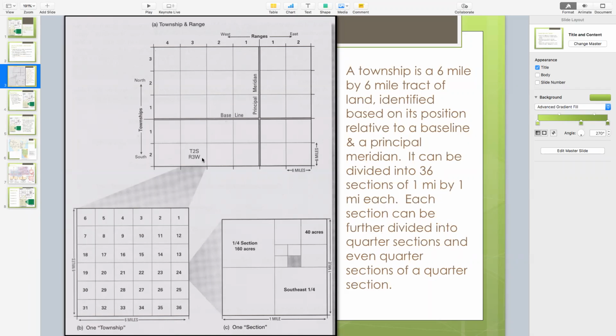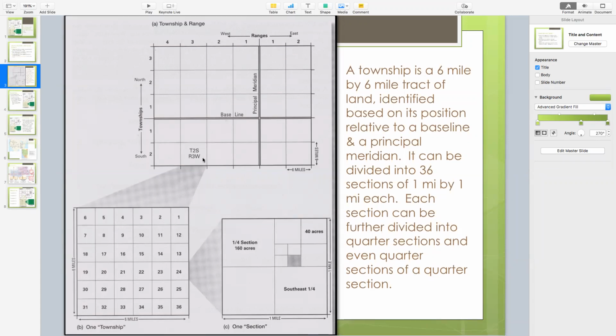This township, T2S R3W, can actually be further divided. If we look at this pullout diagram, it is an enlargement of our township, T2 south, R3 west.